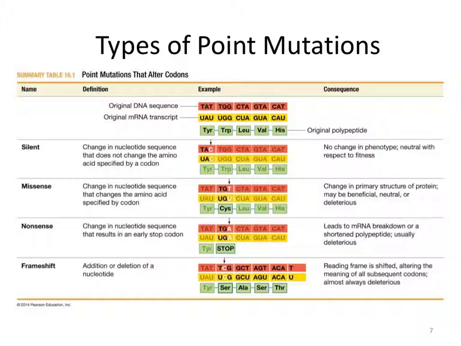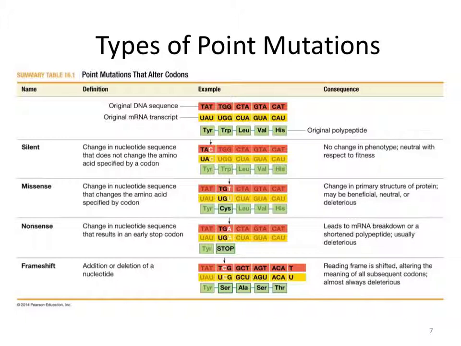A deleterious mutation is one that has a harmful effect on the phenotype and therefore on the organism's fitness. That might mean you lost a protein entirely, or that the protein was less functional and therefore the phenotype influenced by that protein was harmed.